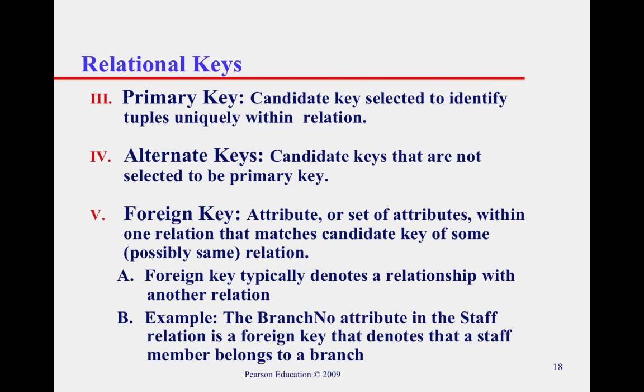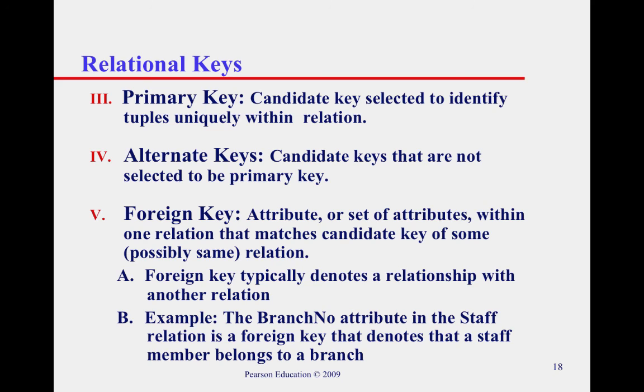Okay. So from the candidate keys, we typically choose one such key to uniquely identify. So we choose one of them as our primary key. So that becomes the first among equals. And as I said, typically the primary key is the candidate key with the fewest number of attributes. And typically it is an artificial key.